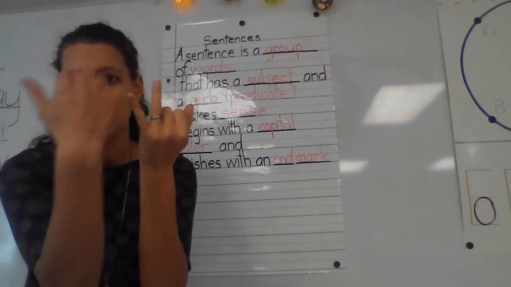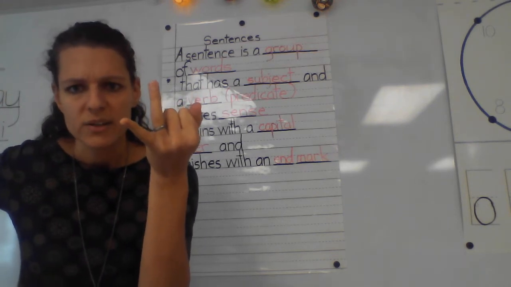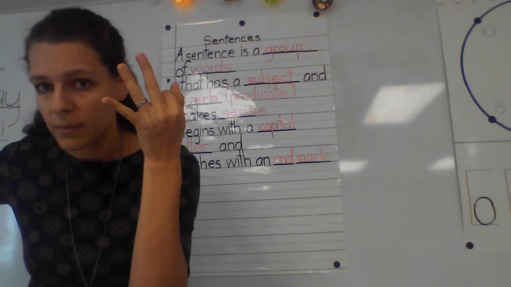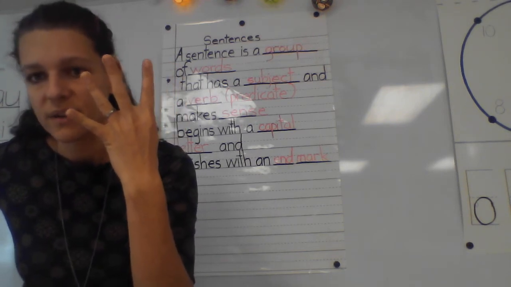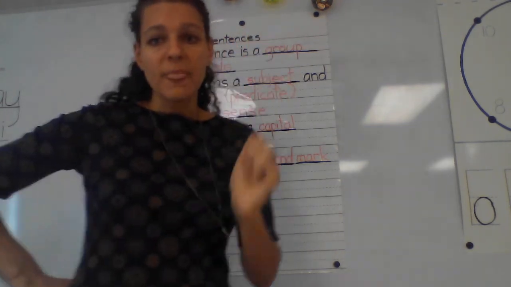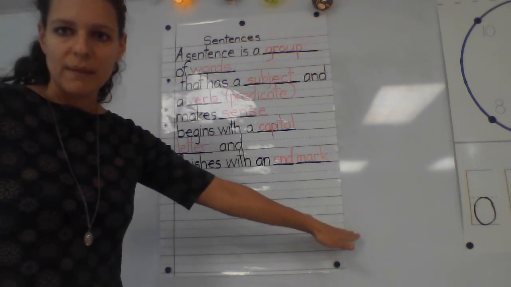Those are the same thing, different names for the same thing. I want you to check that your sentence makes sense. It needs to begin with a, boom, capital letter, and it needs to finish with an end mark. Excellent.